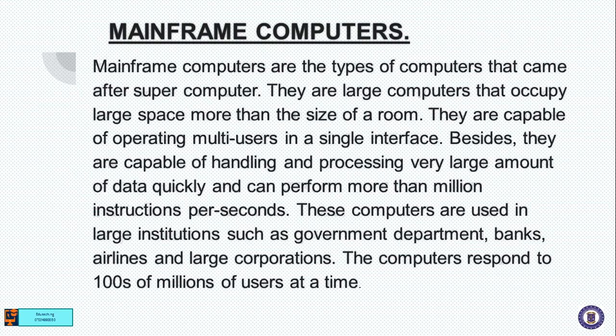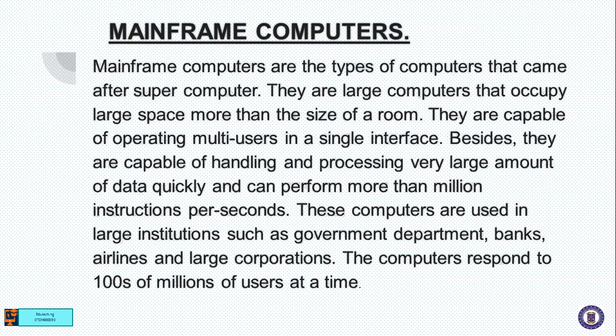These computers are used in large institutions, such as government departments, banks, airlines, and large corporations. The computer responds to hundreds of millions of users at a time. Unlike what we have today, a microcomputer, an individual can possess it at home.